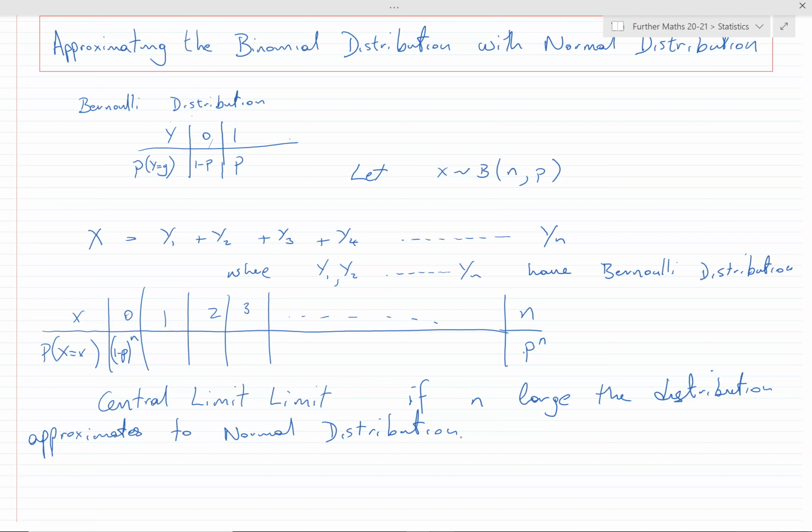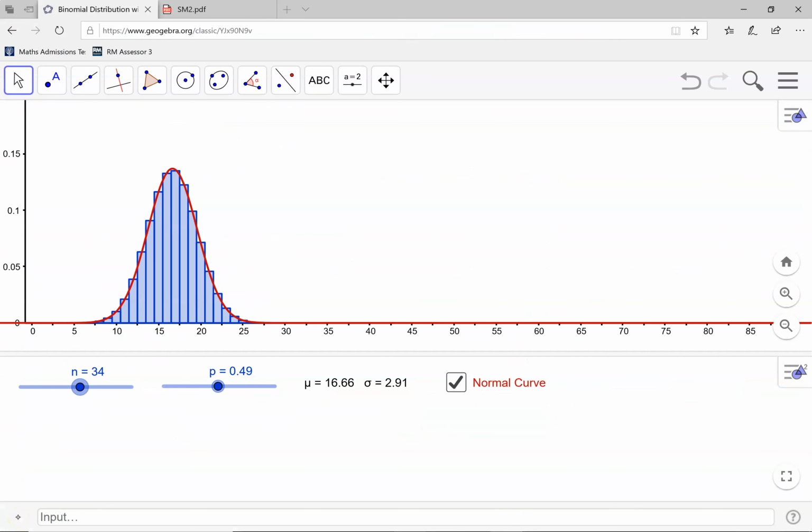I'm going to give you a visual demonstration of this as well now. I'm using GeoGebra here. I should say that this is not my animation. I just googled GeoGebra normal binomial approximation, and this is what came up. Thank you to whoever came up with this.